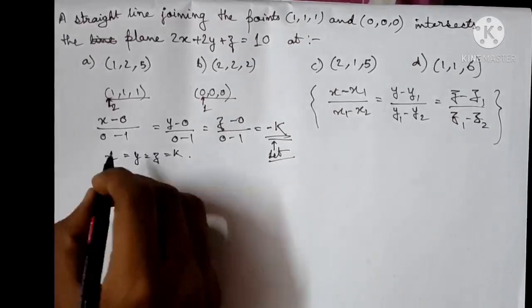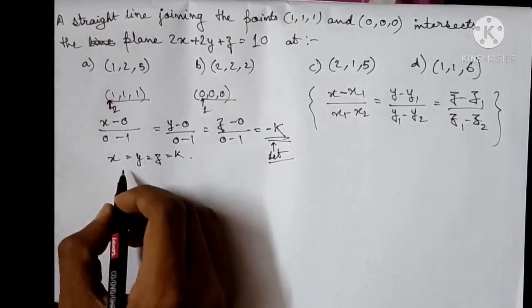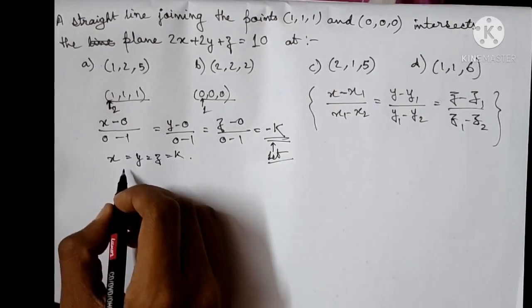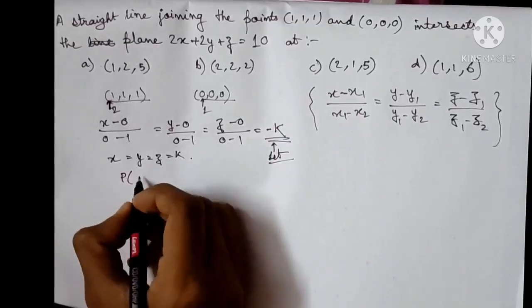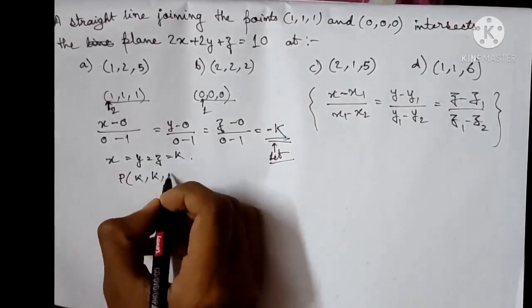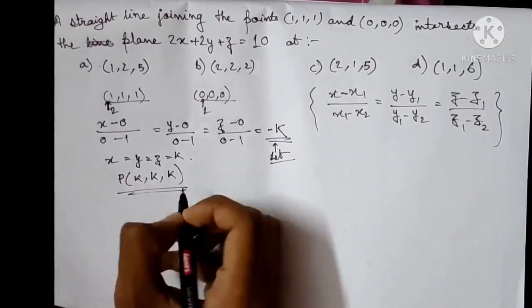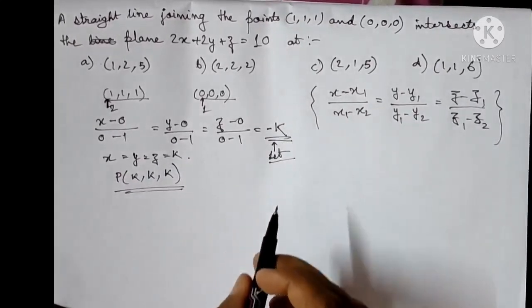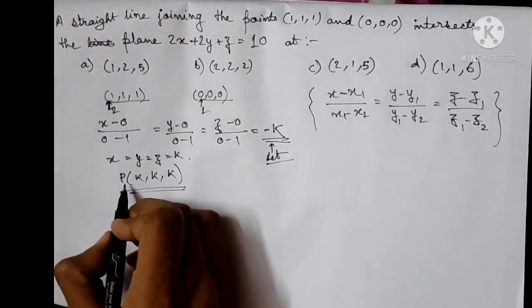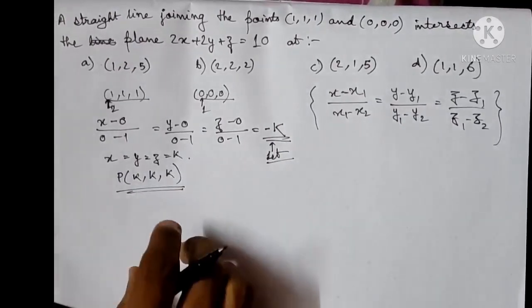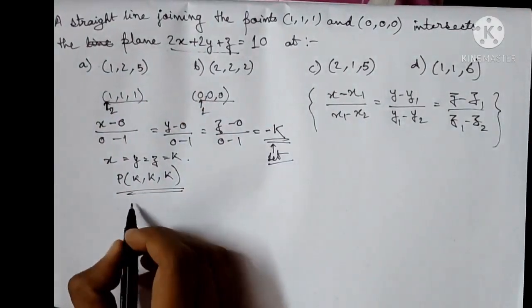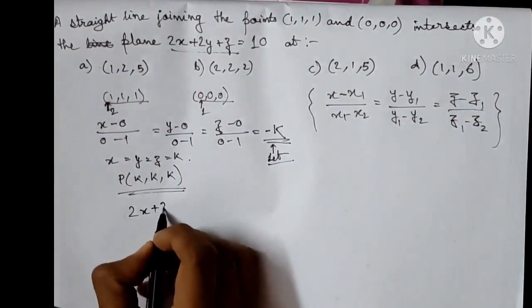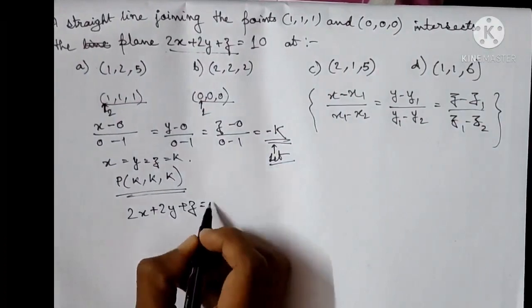The point which we get here is P equal to (k, k, k). Let's suppose P is the point on the plane we are having here. The equation of the plane is 2x + 2y + z = 10.